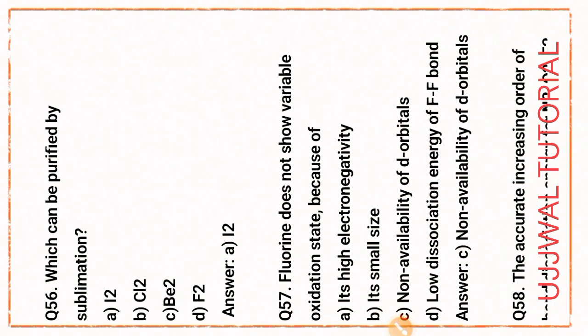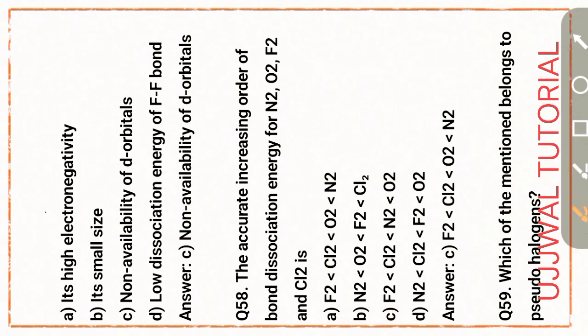Fluorine does not show variable oxidation state because of option C, non-availability, that is the presence of s and p but absent d orbital. So option C is the right answer, non-availability of d orbital. Okay. Next question. Question number 58.